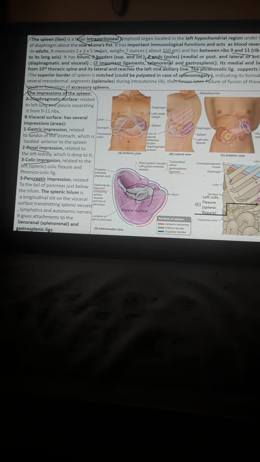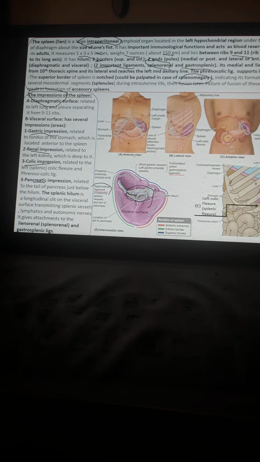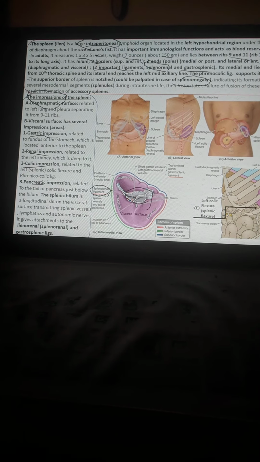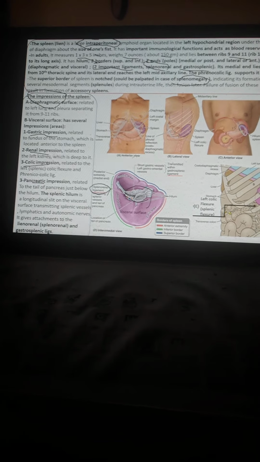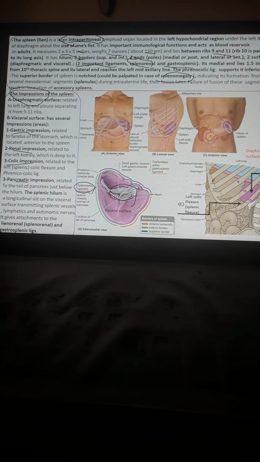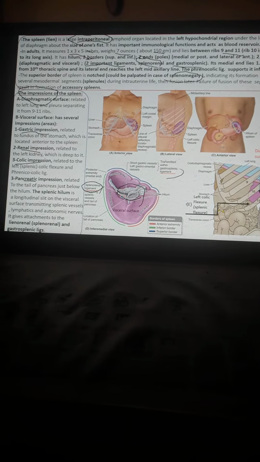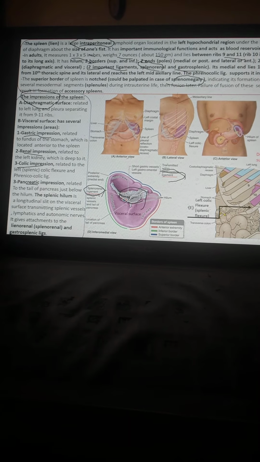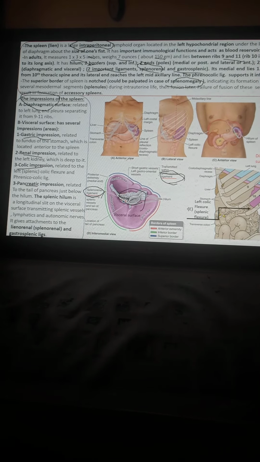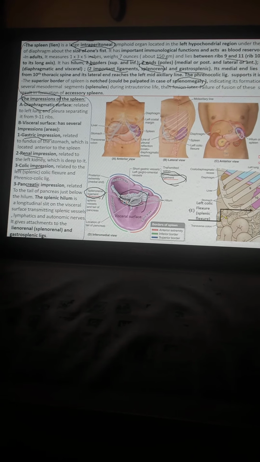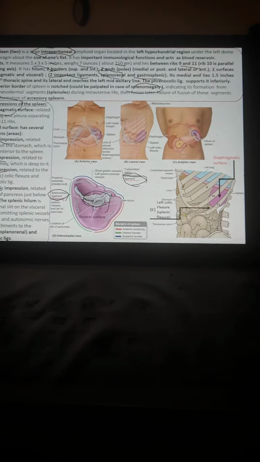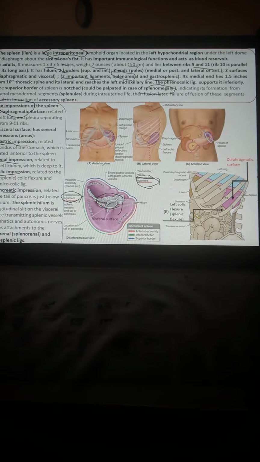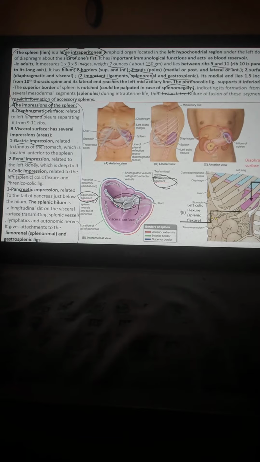One is the splenorenal ligament, which connects to the left kidney, and this ligament contains the tail of the pancreas and splenic vessels. The other is the gastrosplenic ligament, which connects the spleen to the stomach and contains the short gastric vessels and the left omental vessels.